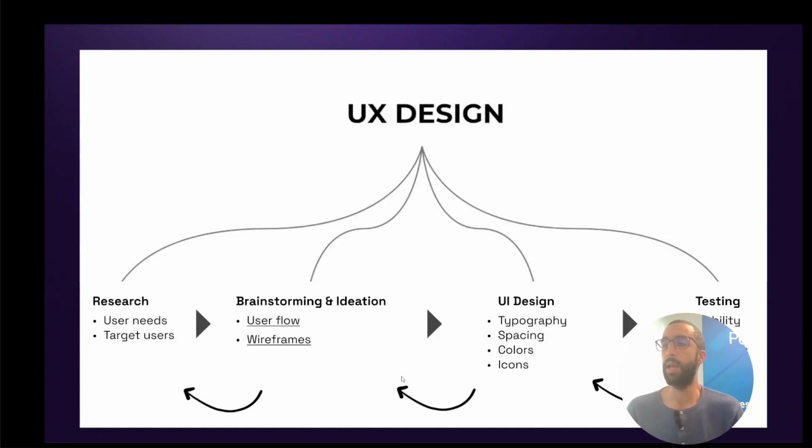It means that if I find a problem while doing the testing and the usability testing, it is highly recommended to go back to brainstorming, for example, and review the user flows and the wireframes. And the same, if the UI design does not match what we want, we can go back to wireframes, etc. So it's iterative.